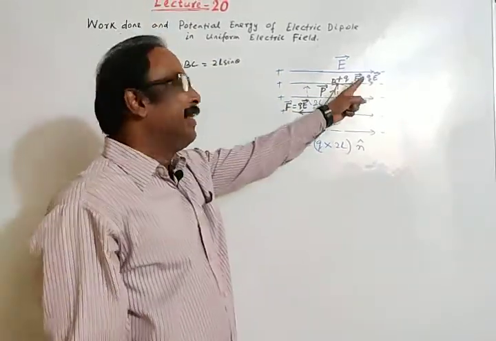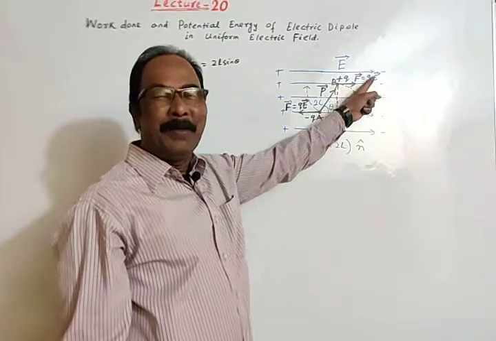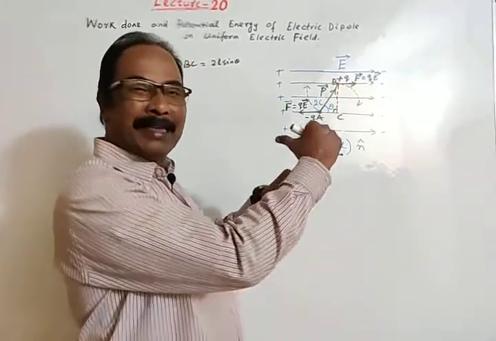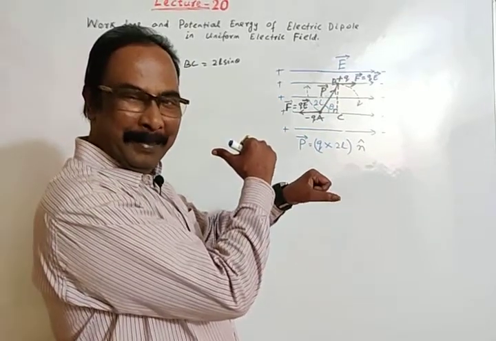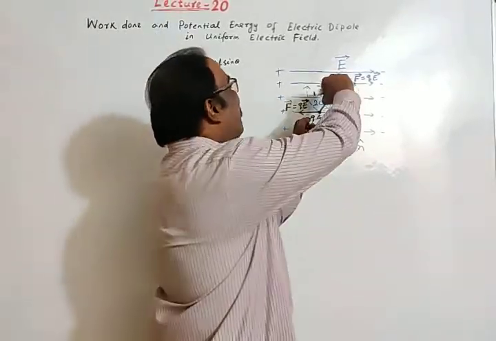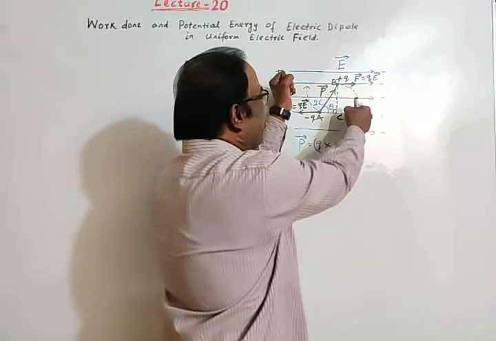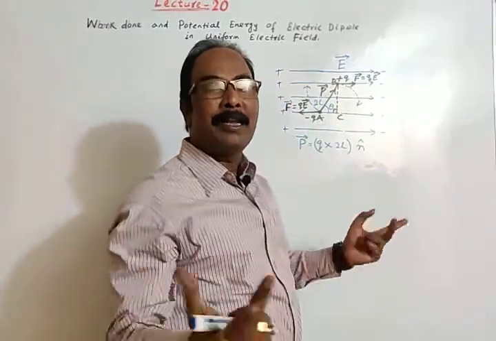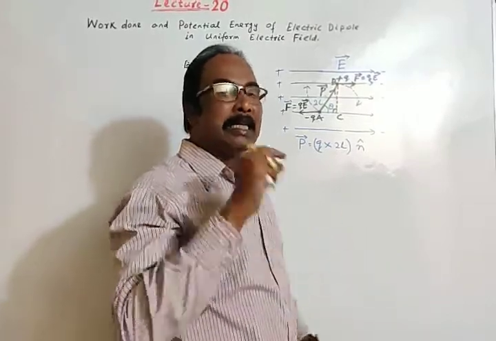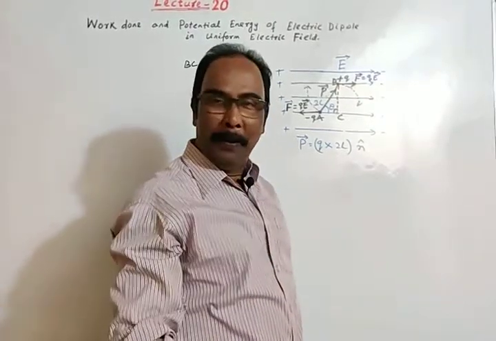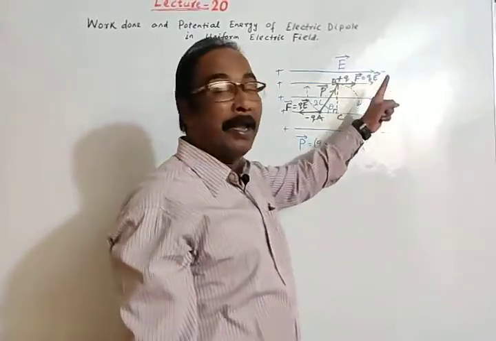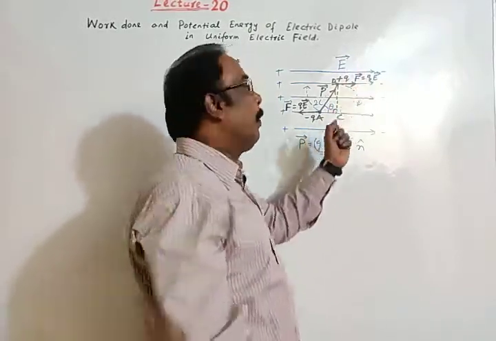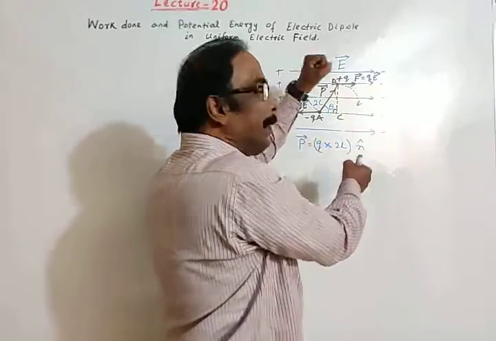So here two equal and opposite forces, the magnitude of the forces is the same but directions are opposite, but both forces tend to rotate the dipole in the same order, that is clockwise. Means the torque due to the couple tends to rotate the dipole in clockwise order.